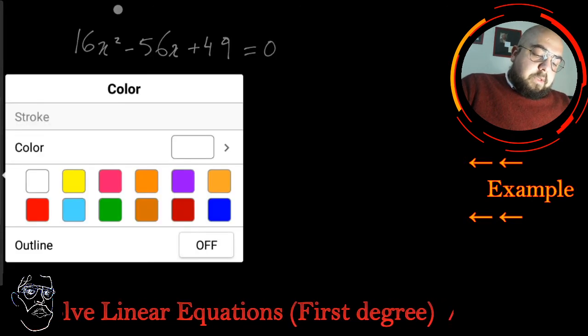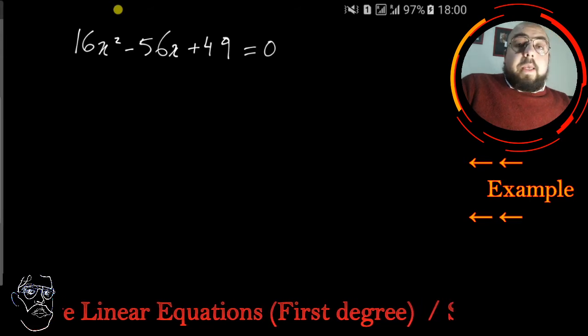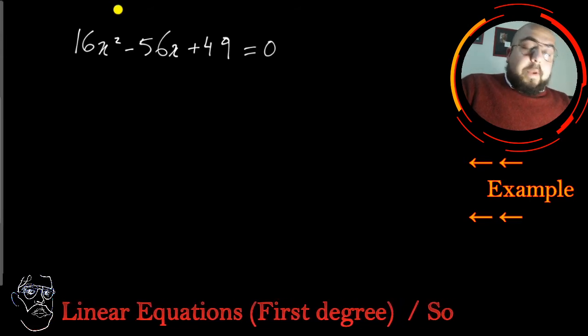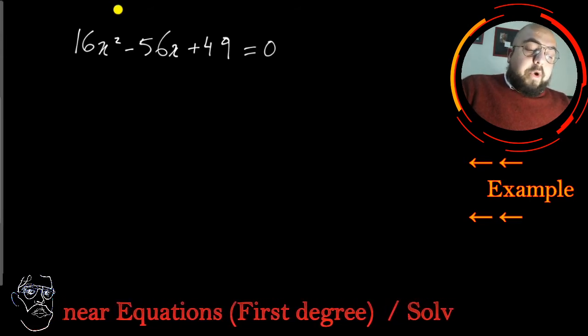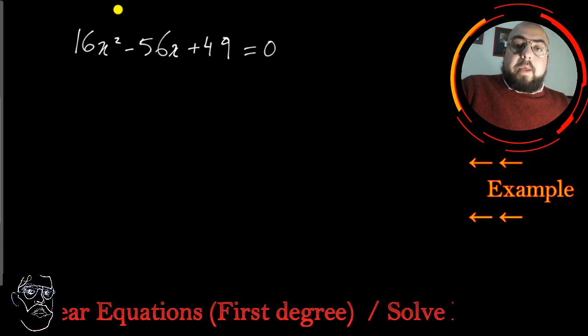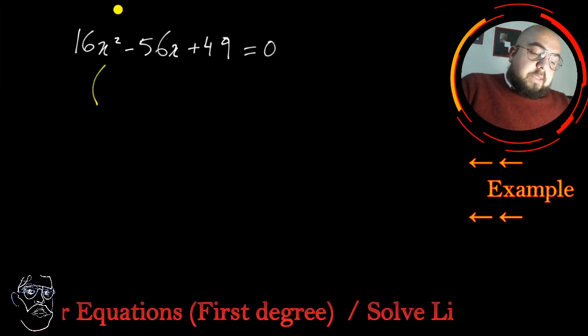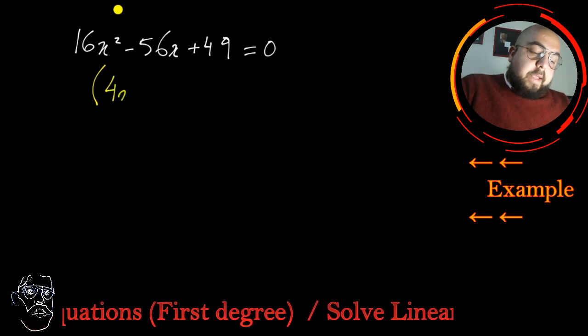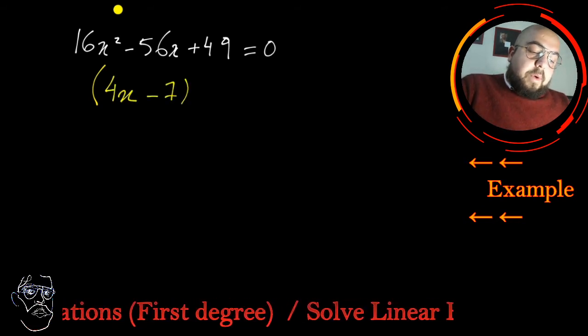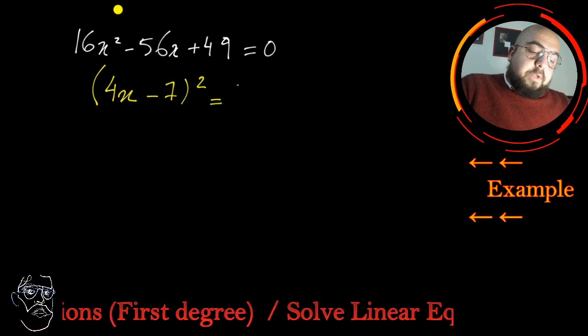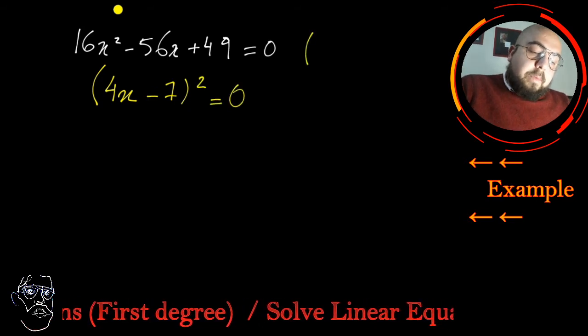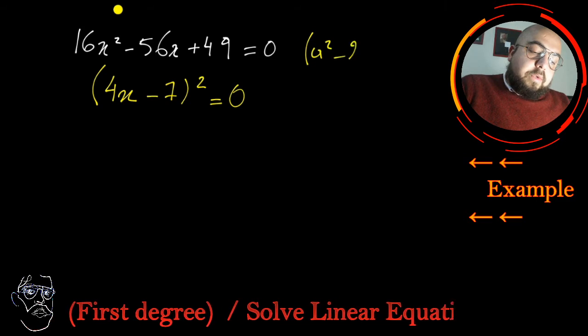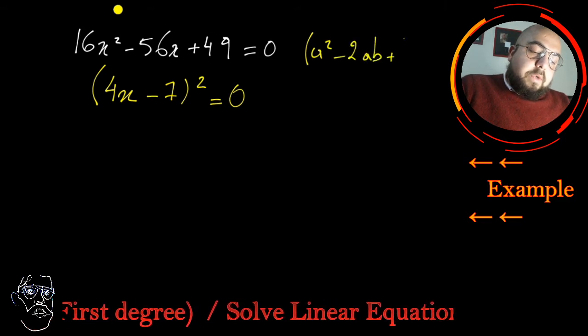In this case, you have to say that it's the expansion of a binomial, a² − 2ab + b². So I can simply say the second degree can be written as (4x − 7)², which is equal to 0.